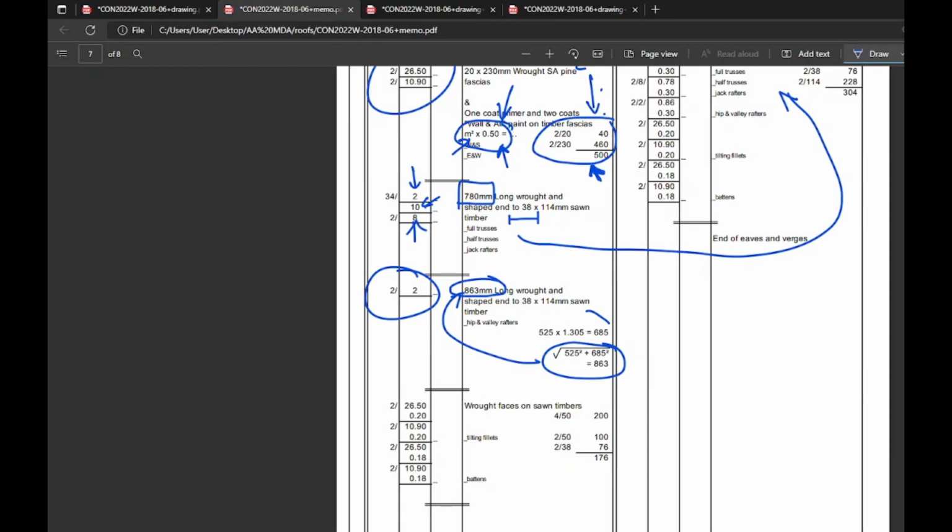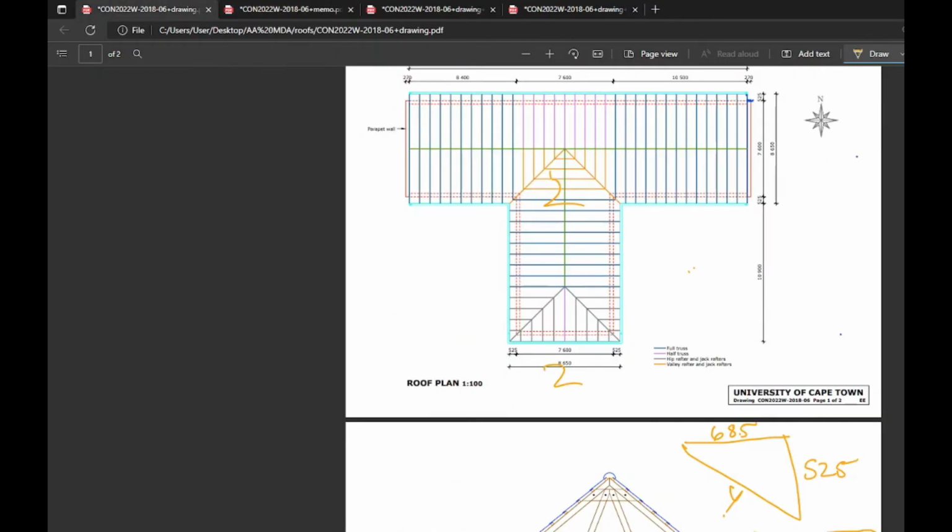Wrought face on sawn timbers. This is just a value of all the exposed supportive members of your tiles. And I don't mean trusses. We have smaller battens now running across like this. Sorry, they're going to meet there at that 45 and change direction, right?